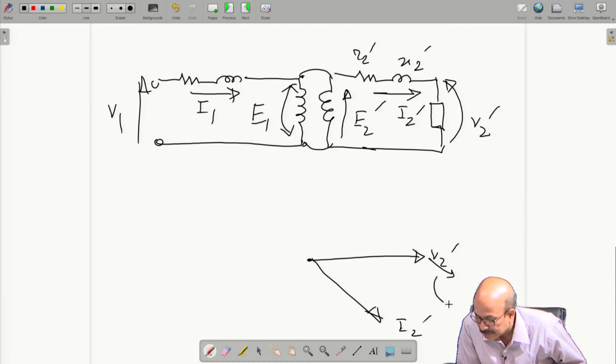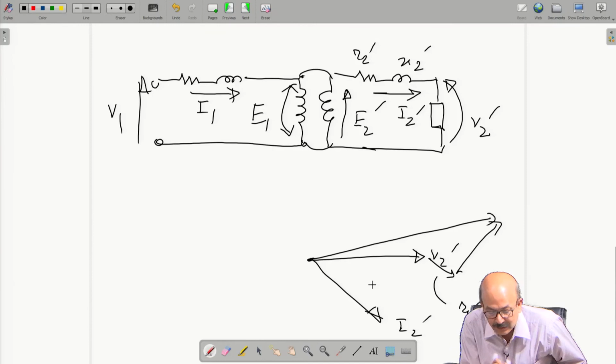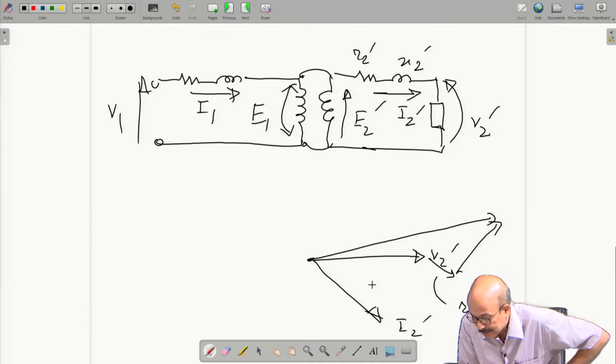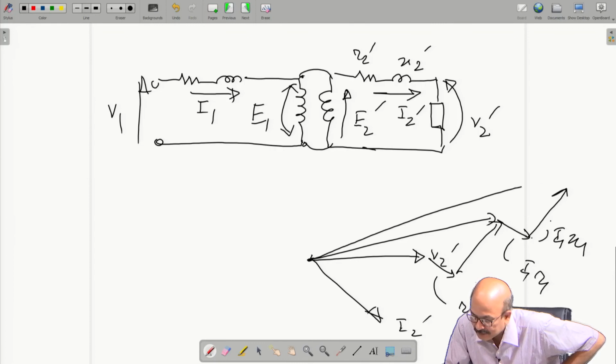So this is R2 dash and I2 dash, we add all the way, this will be E1 and E2, and I2 dash is equal to I1. Next, on this side you can add I1 R1, this side you can add j I1 X1, and this is V1.